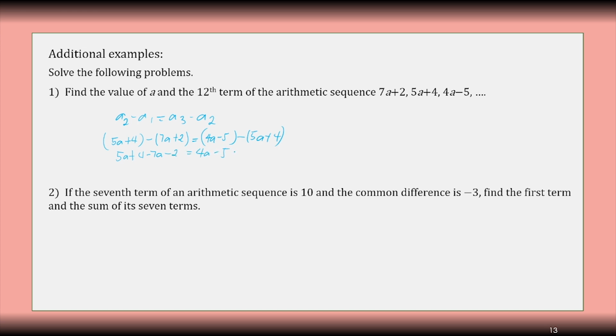Distribute natin negative 5a minus 4. Then, combine like terms natin, 5a minus 7a is negative 2a. Then, 4 minus 2 is positive 2. Equals to 4a minus 5a, so negative a. Then, negative 5 minus 4 is negative 9.